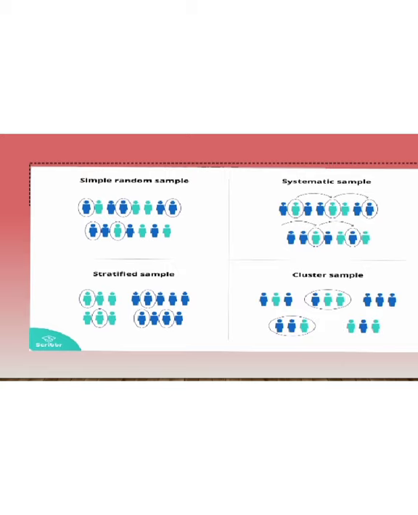Just to share an example, suppose you are researching the experiences of homeless people in your city. Since there's no list of all homeless people in the city, probability sampling isn't possible because you cannot select randomly.